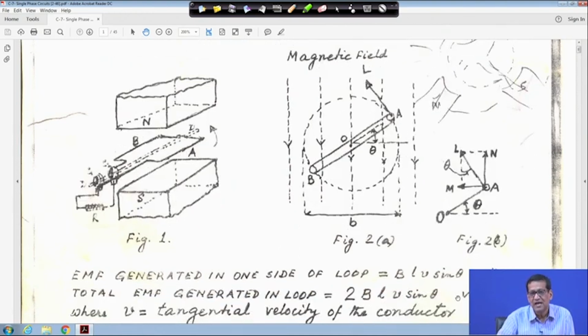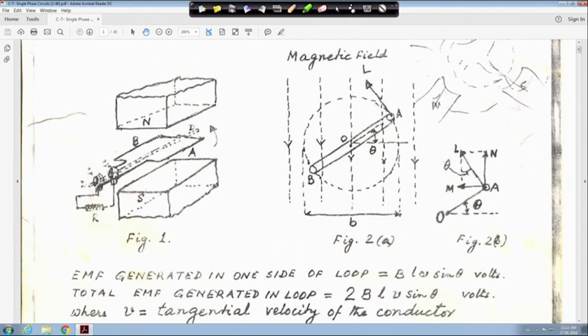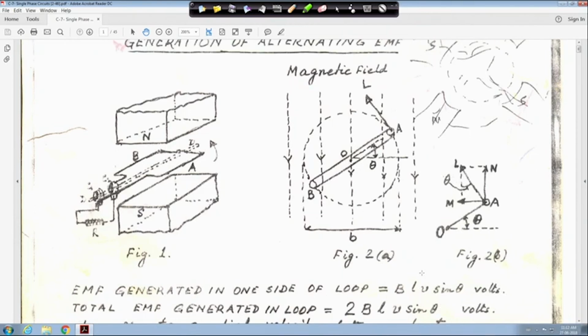B is the flux density, in Tesla or Weber per meter square, and L, I told you, is the length of the coil, and V is the tangential velocity, where V is equal to omega t, we will see later, and this is sin theta. So BLV sin theta volts is for one side of the coil, and this is another side of the coil. So, two sides, therefore, total EMF generated will be 2 BLV sin theta volts.